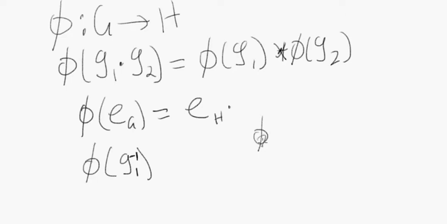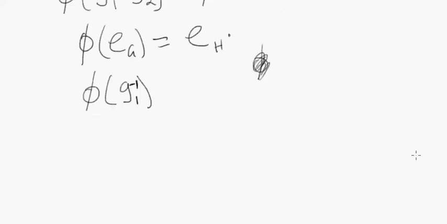How do I explain this better? So the idea is, let's say g1 is an element of G. Well, since G is a group, it has an inverse. Call it g1 inverse.